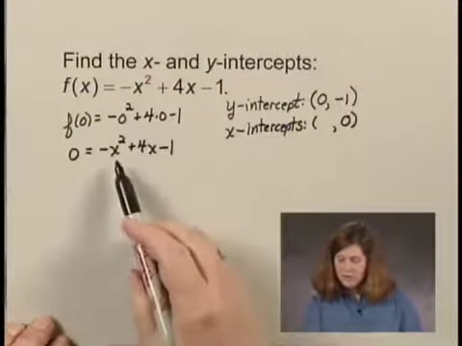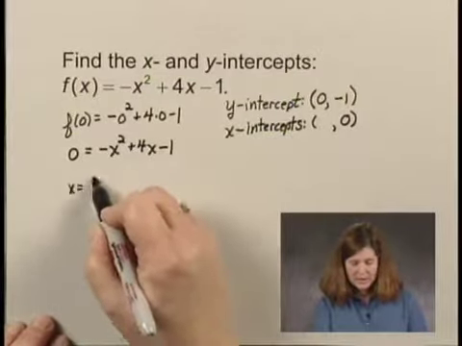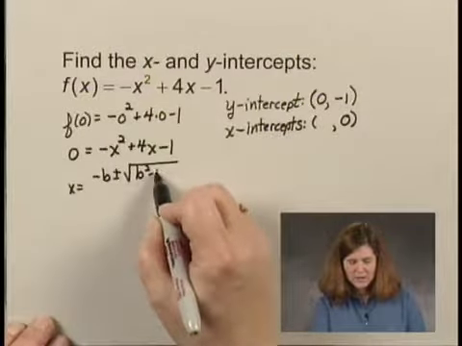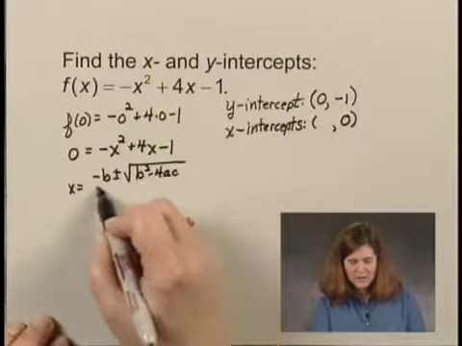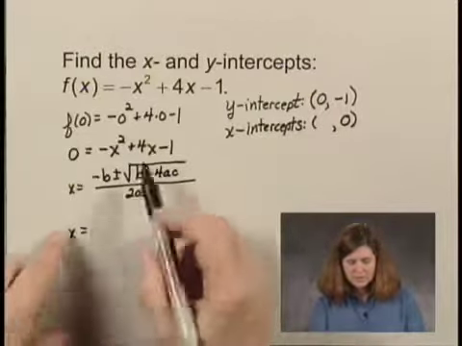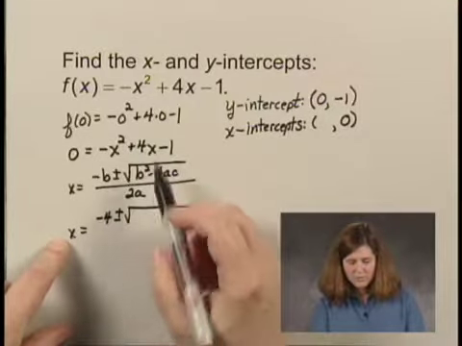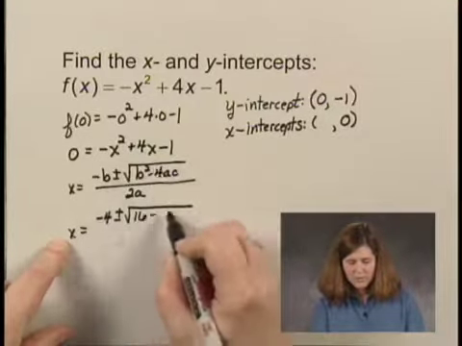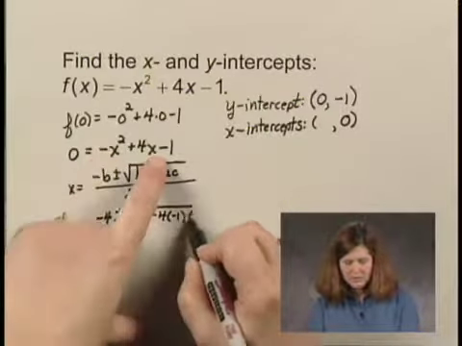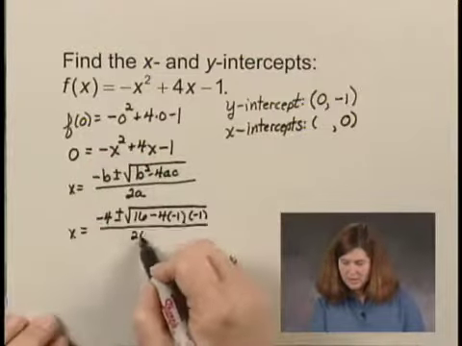Using the quadratic formula, we have x equals the opposite of b plus or minus the square root of b squared minus 4 times a times c, all over 2a. So x equals the opposite of 4 plus or minus the square root of 4 squared minus 4 times negative 1 times negative 1, all over 2 times negative 1.